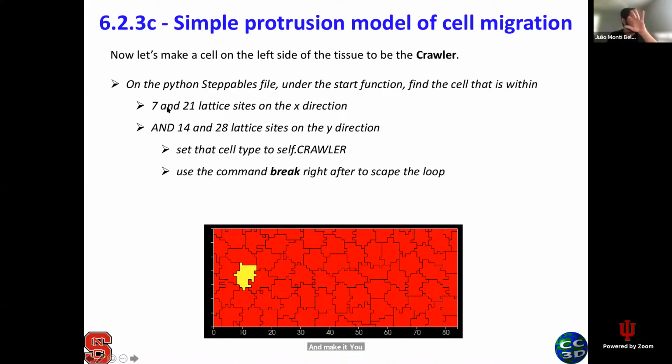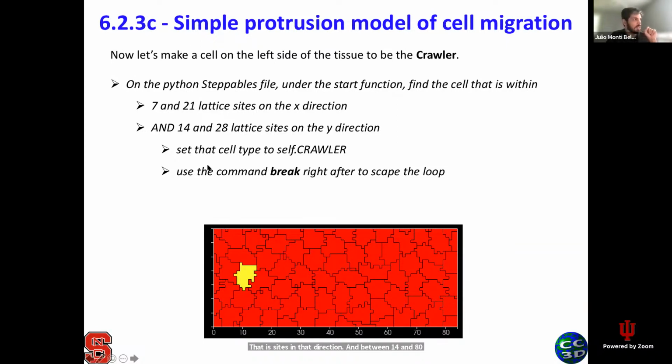What you can do is go to the steppable file, under the start function, because we want to do this at the very beginning of the simulation and only then. Go over all the red cells, check the center of mass, and grab the one that has a center of mass between 721 lattice sites in the x direction, and between 14 and 28 lattice sites in the y direction.